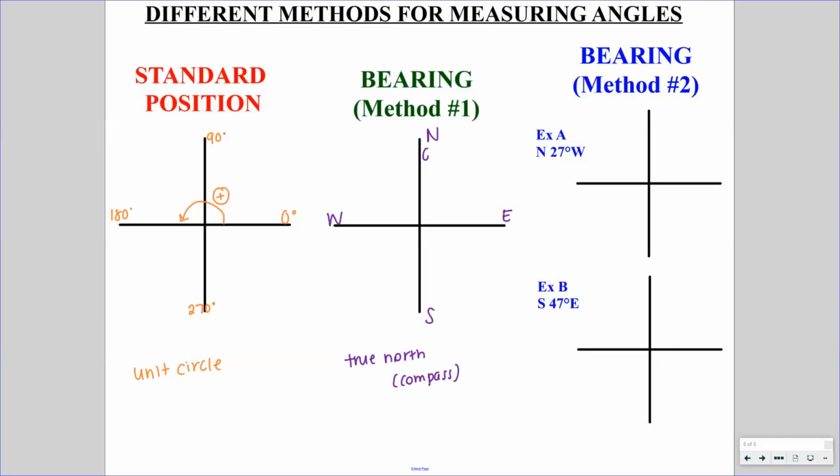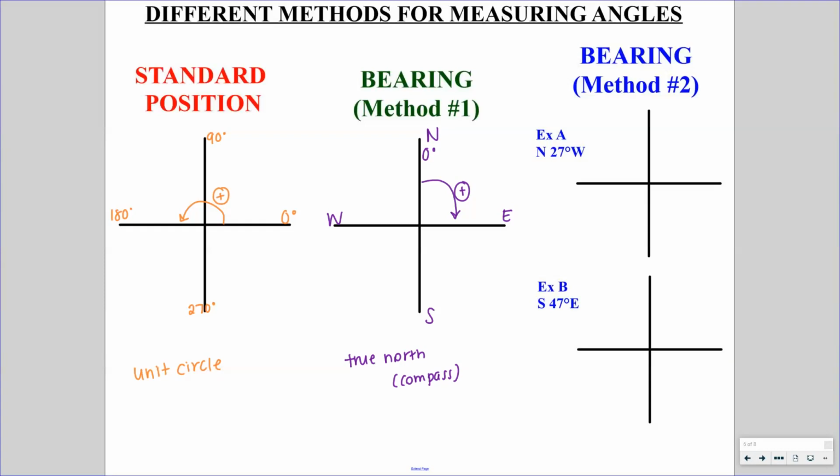Now, north is always then in this method 0 degrees. So we're now starting 0 degrees at the top, right? Pointing upwards. We measure a positive angle going clockwise now then. So if you have a problem that says you have a bearing of 40 degrees, a bearing of 40 degrees means we're going to start at the North Pole.